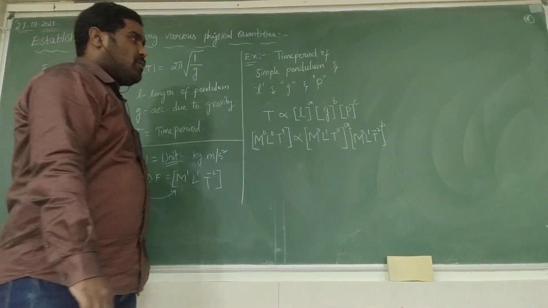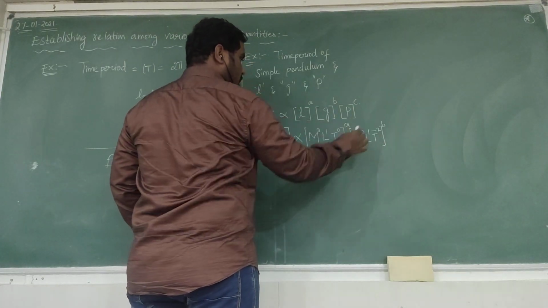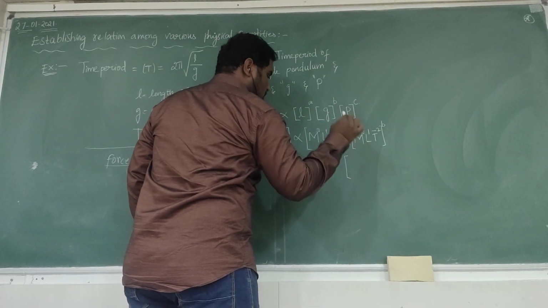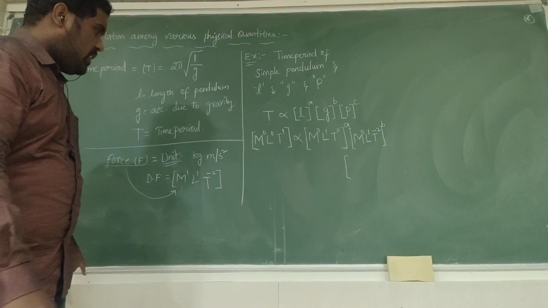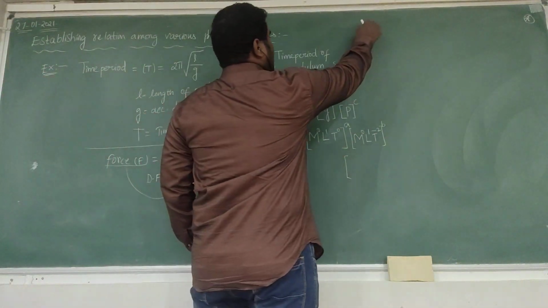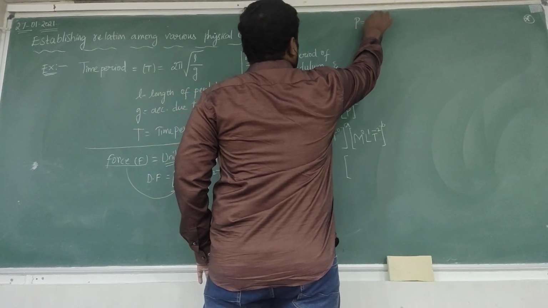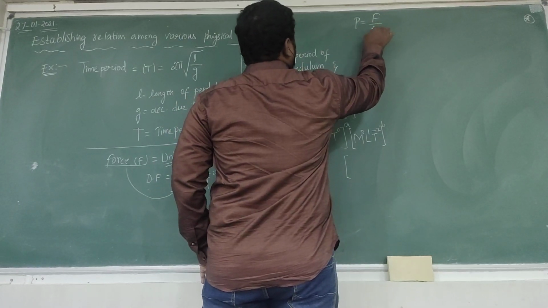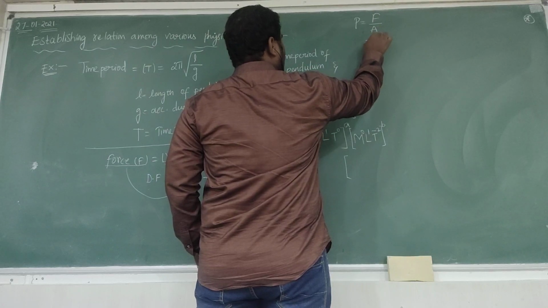And the final one, pressure. The pressure formula is force per unit area. Let us write here: pressure is equal to force by area. And what is the dimensional formula of force?